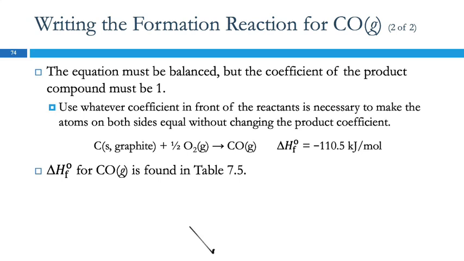So to make 1 mole of this, we're going to need 1 mole of carbon and half a mole of O2. So the oxygen comes in pairs, like a pair of shoes, right? And if here you just need 1 of them, you need half the pair, right? And then we can look up the heat of formation for carbon monoxide in the table, and it's negative 110.5.